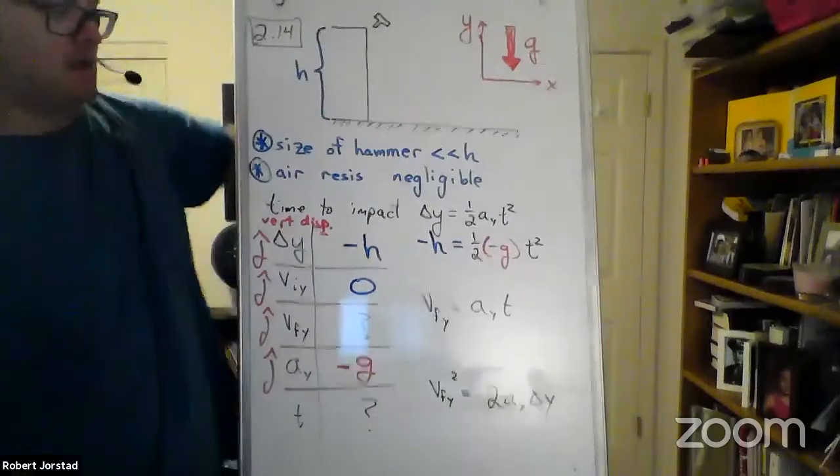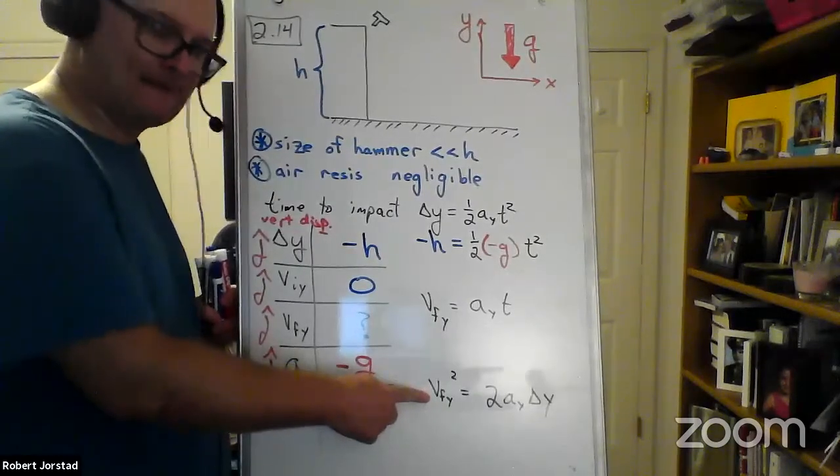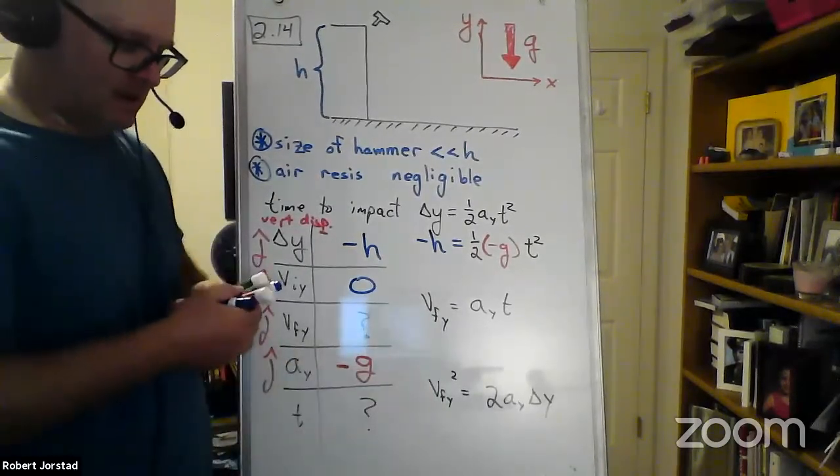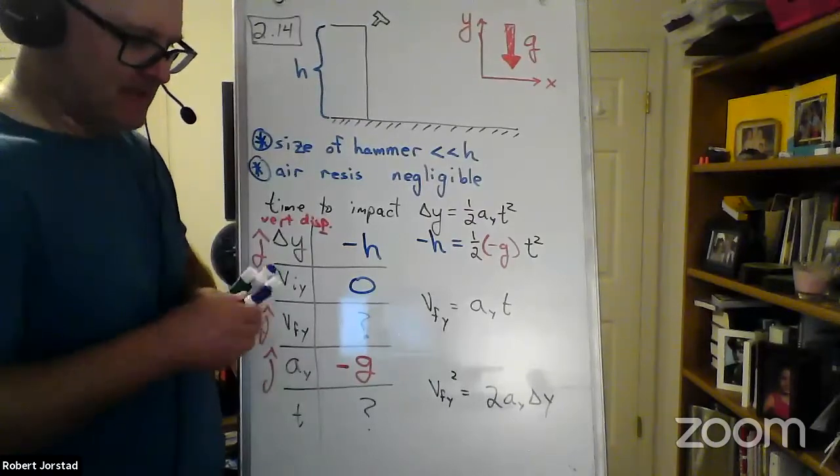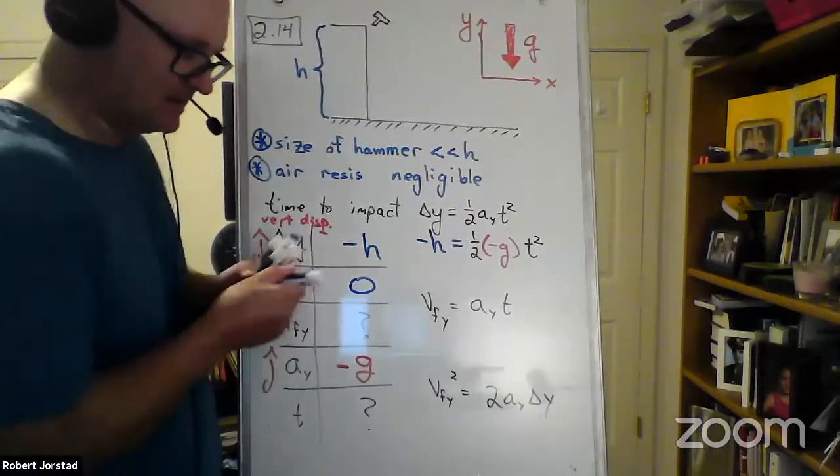Okay. And so at this point, I just want to show you another equation down here. Look at this V final Y, right? In this case, what if we plug in these numbers?